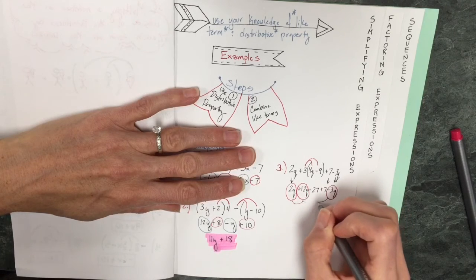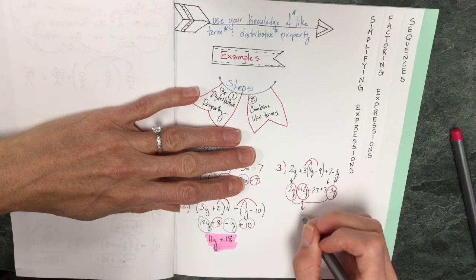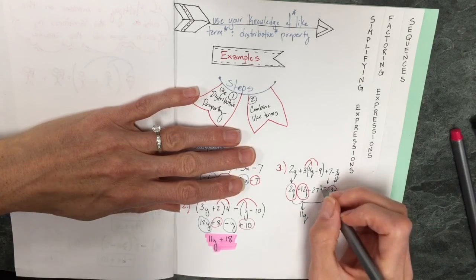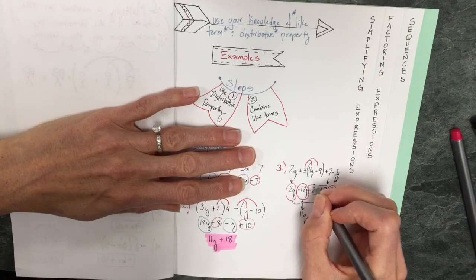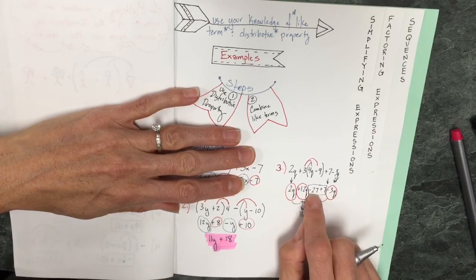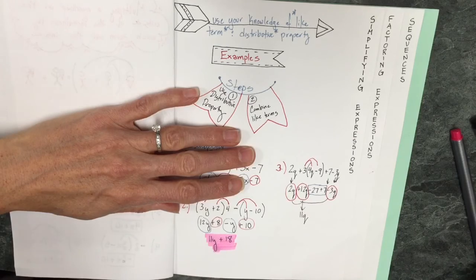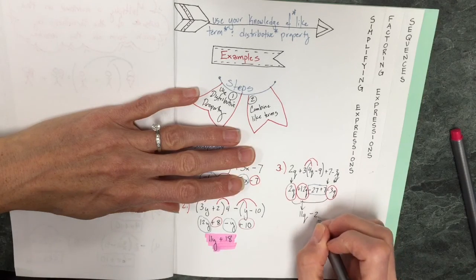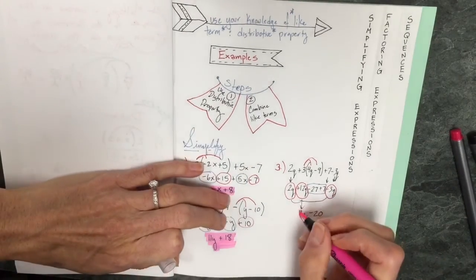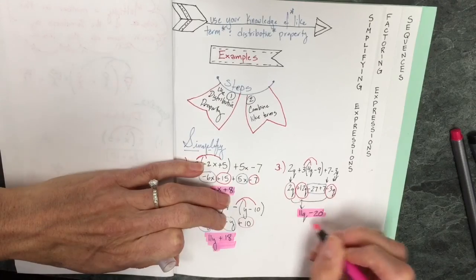So all these together is 11q. And then I've got two constants. So I've got -27 plus a 7, different signs subtract. If I take 7 away, I still have -20 left over. And that is as simple as I can make it. I can't put those together, so they're not like terms.